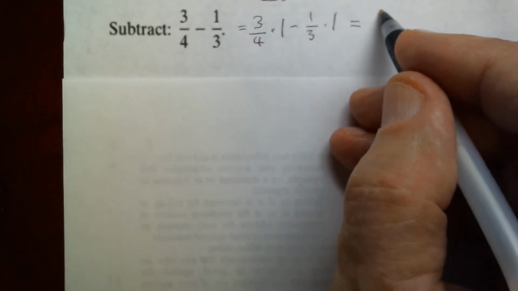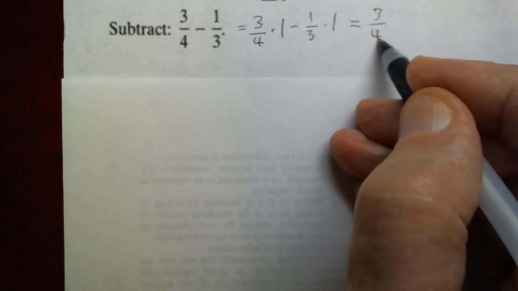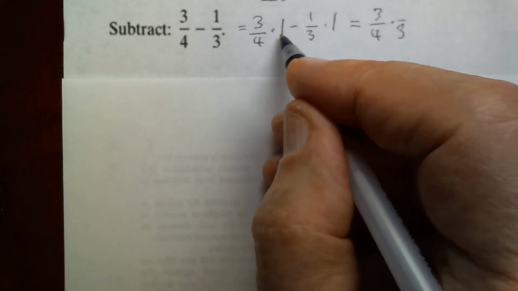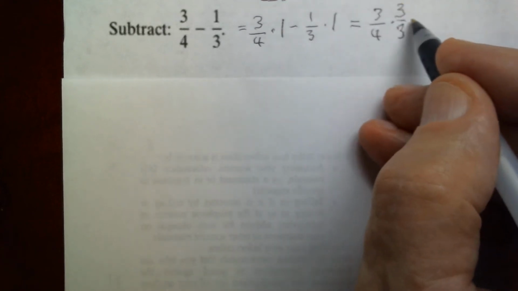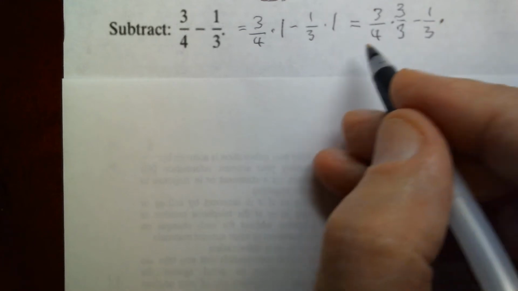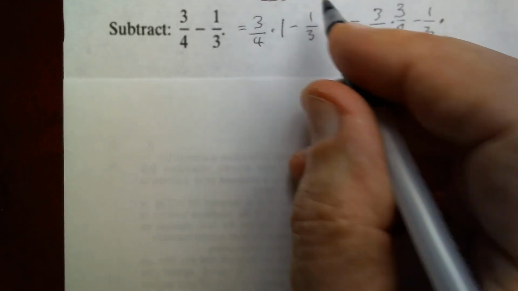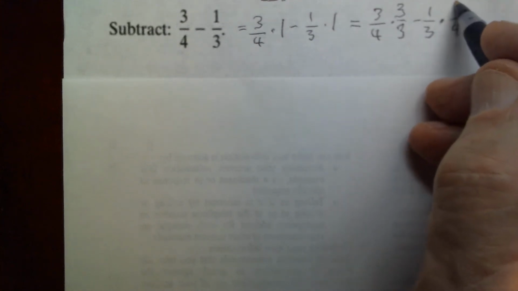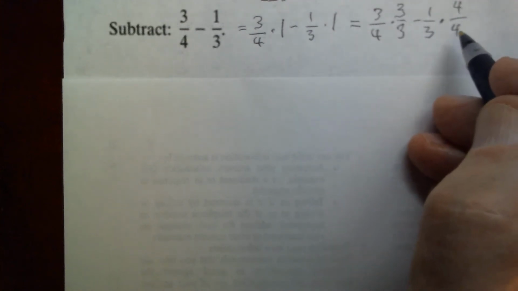So we need to multiply the 4 by a 3 to get a 12. So we replace the 1 with the 3 divided by 3. Minus 1/3 times, and so 3 goes into 12 4 times. So 4 times 3 is 12. So we replace the 1 with a 4 divided by 4.